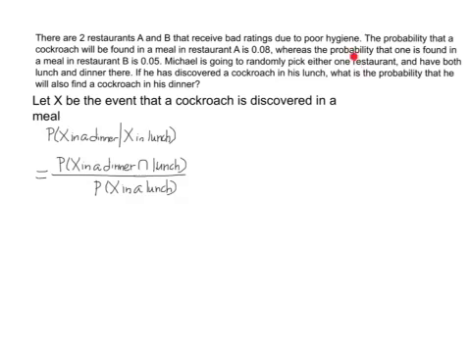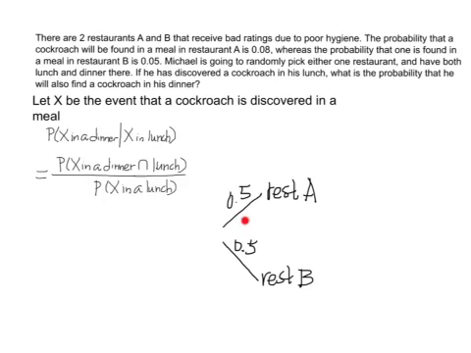That is the first step. So what you have is this. You're not even considering lunch or dinner, you're considering which restaurant you're picking. Since it's random, you have half and half chance.